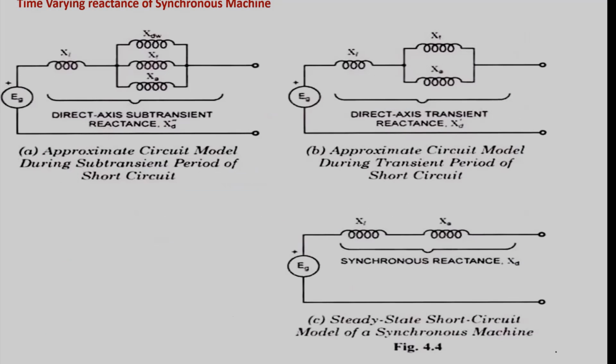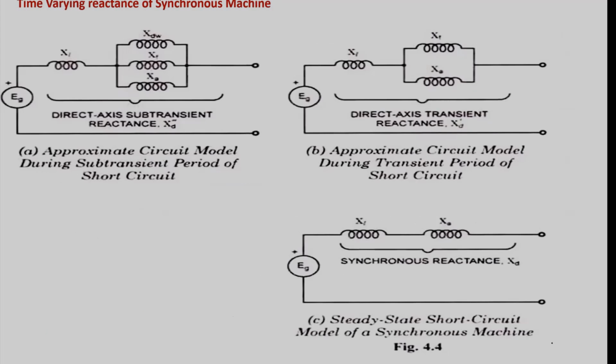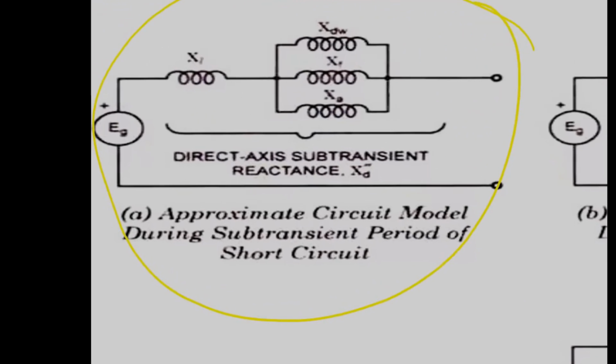So now the synchronous machine will have three different circuit models when a short circuit fault occurs. The first one is taken immediately when the fault occurs. Immediately when the fault occurs, you have to take this model. Why? Because immediately when the fault occurs, there is a severe demagnetization.